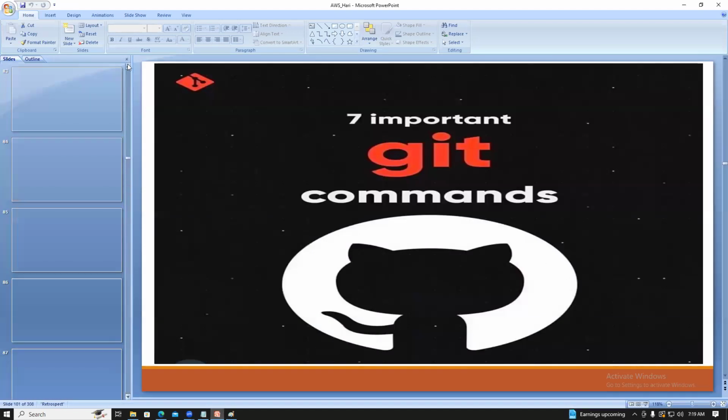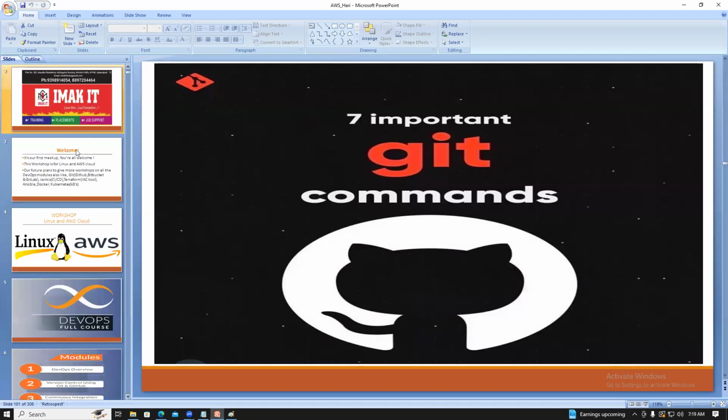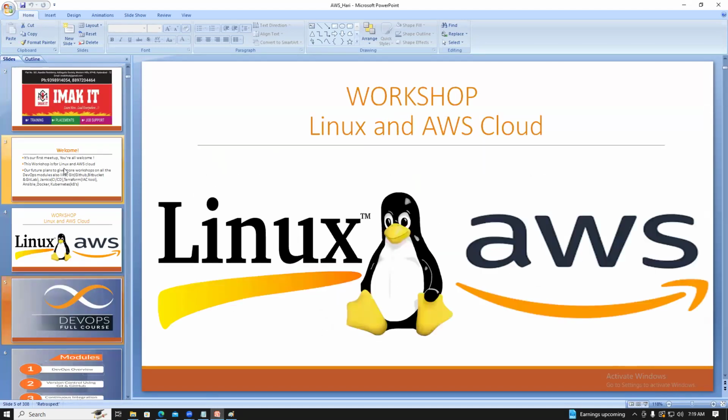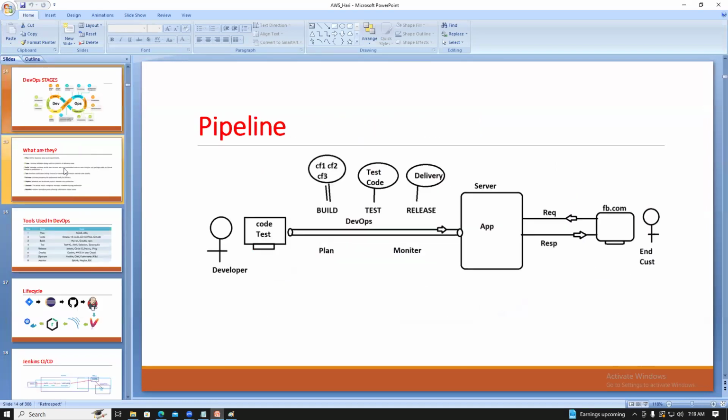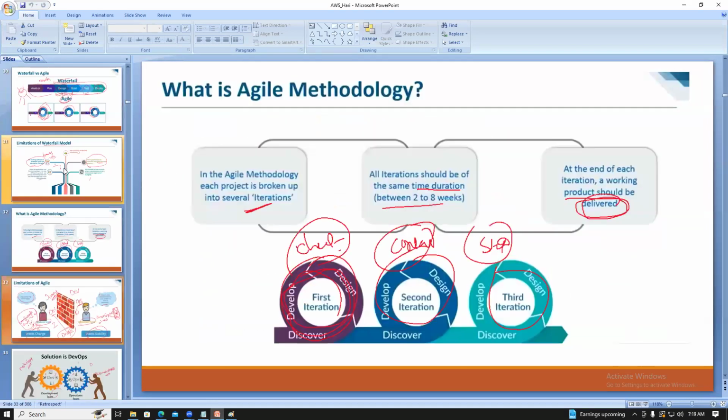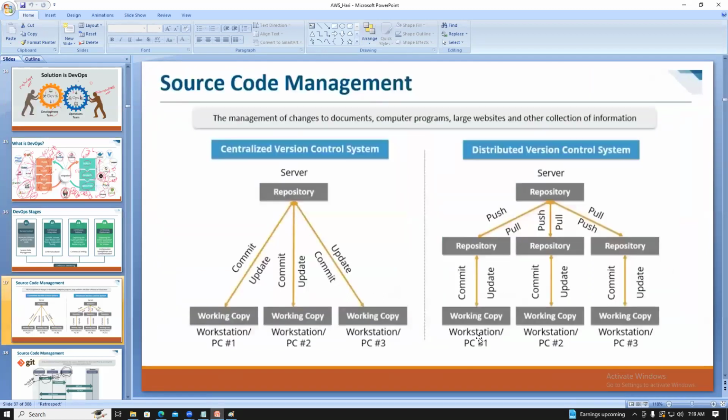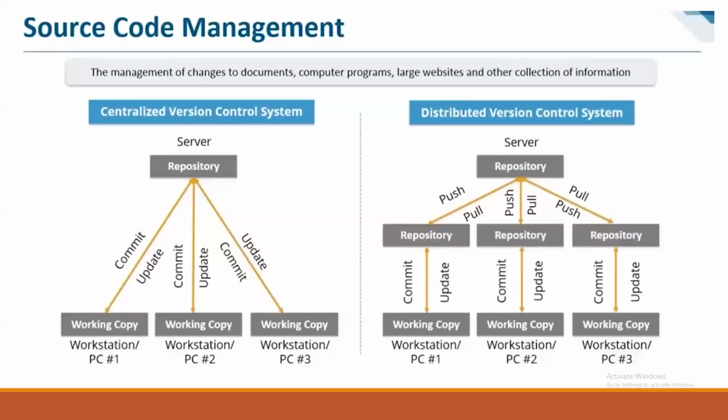So that's the reason they created a new version control system called a distributed version control system. Source code management is the management of changes to documents, computer programs, large websites and other collections of information.